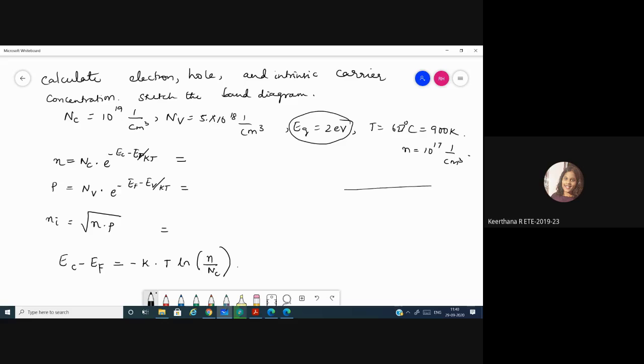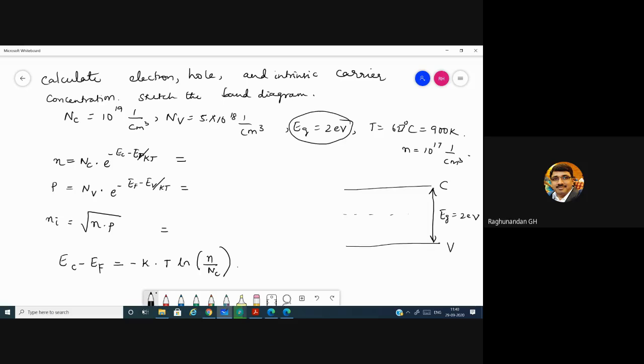This is the conduction band, this is the valence band. The energy level between these two is known as Eg, equal to 2 electron volt. And somewhere here this Fermi level will be present. We have to find out whether that Fermi level is near to the conduction band or near to the valence band.